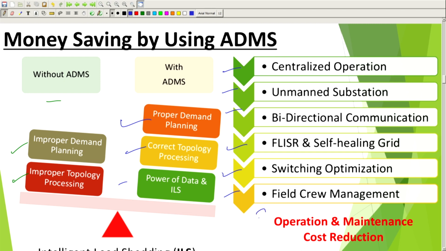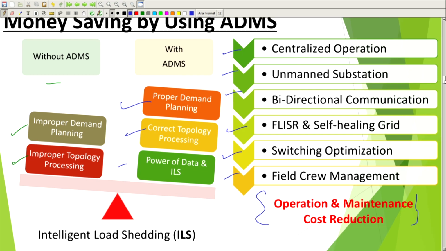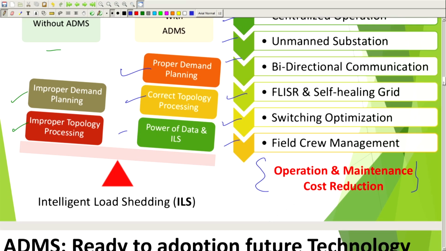So, it would reduce the operation and maintenance cost, what we call O&M. O&M cost is a very important thing. So, that also contributes to the overall financial requirement of a system. So, that is being well operated in an ADMS based system.